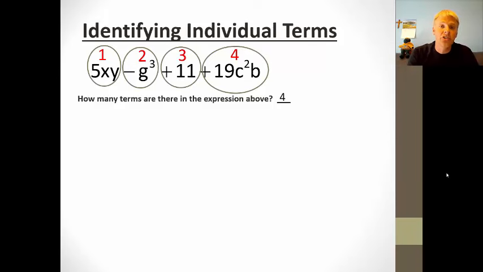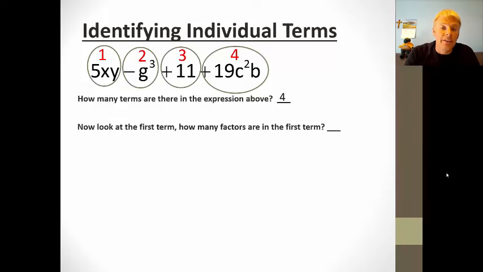The subtraction and 2 addition symbols break it up into 4 terms. Another important thing to notice here is that the operation, the addition and subtraction symbol that precedes the term is attached to the term that follows it. So the subtraction symbol is with the g to the third, the addition symbol is with the 11, and the second addition symbol is with the 19c squared b.